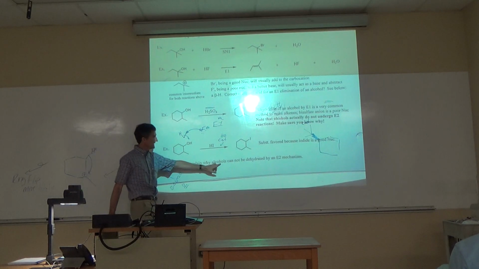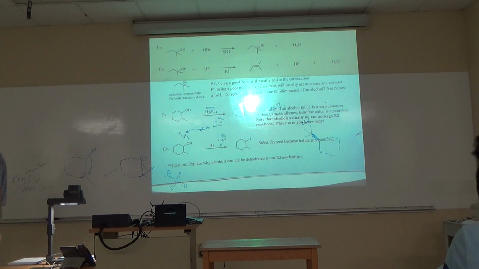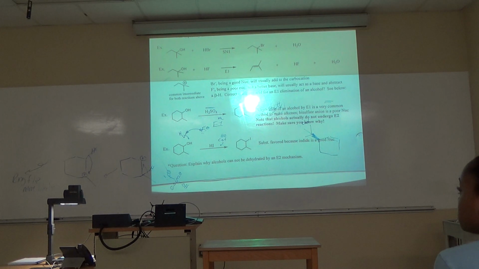Explain why alcohols cannot be dehydrated by an E2 mechanism. How do you make OH a leaving group? Protonated with what? Not water. Water's not an acid. Strong acid. Okay, you've got to protonate the OH with a strong acid.